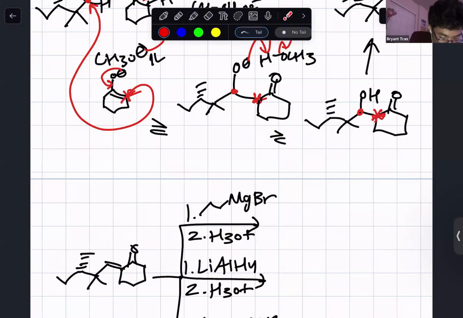I see what's going on here. I'm pretty sure I did this mechanism wrong. Oh, is the NH2R? Oh, I see what you did. Deprotonate that. Boom. Boom. That's good. Very good. Kick that out.